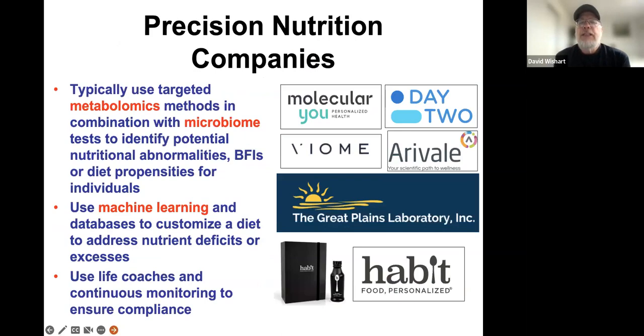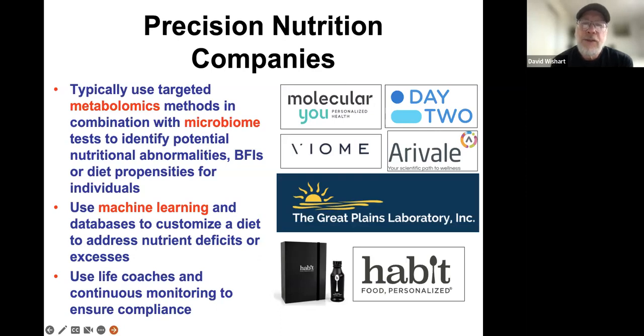Now, there are a number of companies that are picking up on this. Some of you may have heard of Day 2. There's places like Derived, Molecular U, the Great Plains Laboratory, which has been around for about 20 years and maybe was one of the first to do this. Habit. Some of these companies appear and disappear, but I think most of them are still around. But they use things like targeted metabolomics, just like what I described. And they'll often use microbiome tests, and they'll use those to try and identify either nutritional abnormalities or diet propensities that people may have.